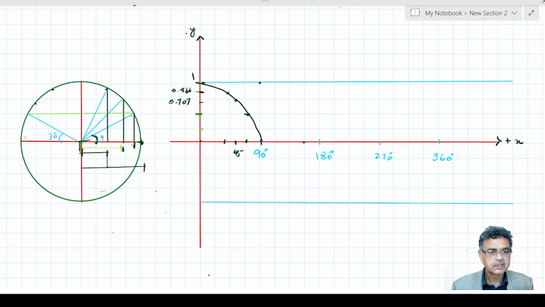But from here, the positive angle will be 150. So this angle is 150.